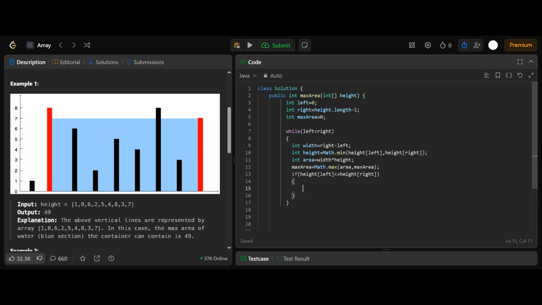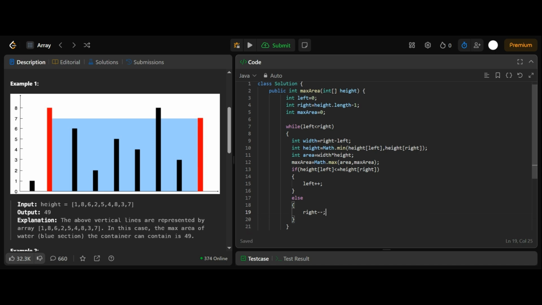Now you can also skip this part and give an else condition down, which will automatically handle if both the left and the right are equal. It will try to move the right pointer, but in our case, which we saw in the diagram, we have done this case. So that's why I've given that. Now right minus minus, and then I'll return the maximum area.